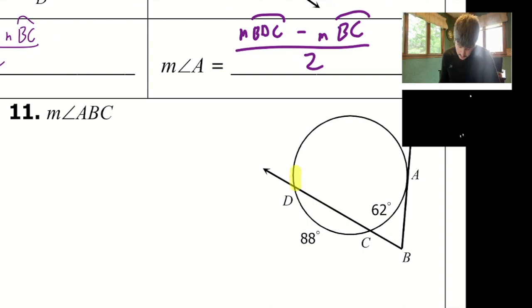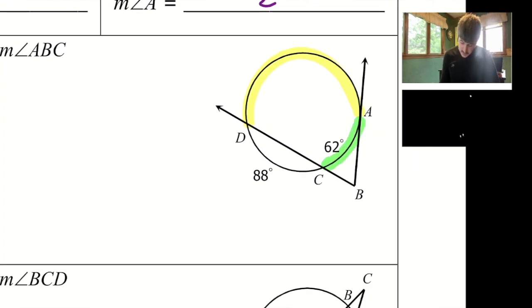So in this case, we have to use this arc right here, from D to A, which is not labeled right now. And then we also need to use this 62. That 88 does not get plugged into big arc minus little arc, but it will help us figure out the value of the yellow arc, because the arc from D to A is whatever 62 plus 88 is, which would be 150 degrees.